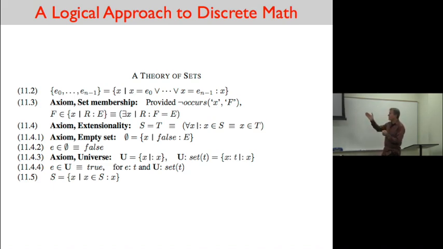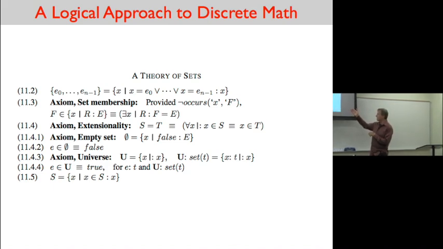And so we've discussed 11.2, the relationship between set enumeration and set comprehension, and we've proved a few theorems about that. Then 11.3 is the definition of the operator an element of. And then 11.4 is the definition of what it means for two sets to be equal.